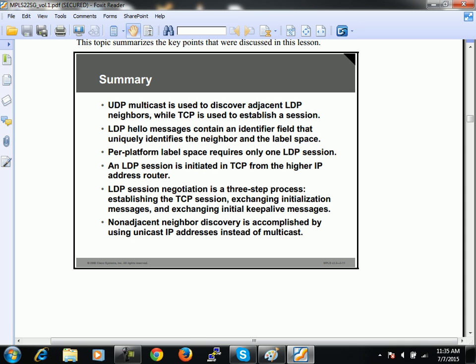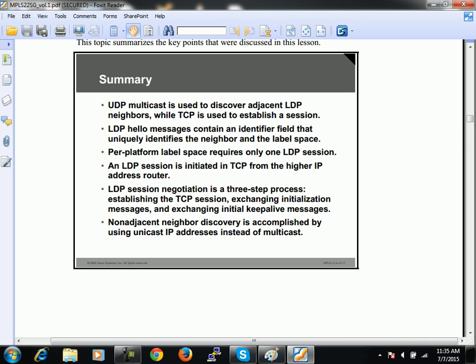And the LDP session is initiated in TCP from the higher IP address router. The higher IP address router, or you can say the router with the higher router ID, will always initiate the TCP session in LDP. So in the exam, if they ask that this router should always initiate this TCP session, then that router must have the higher router ID.